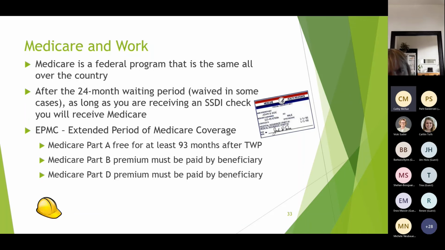You're going to get Medicare as long as you're getting SSDI. If you lose your SSDI due to work, you will have Medicare Part A for free for at least 93 months after the end of your trial work period. You will have to pay out of pocket for your Part B and your Part D during that time. Next slide.